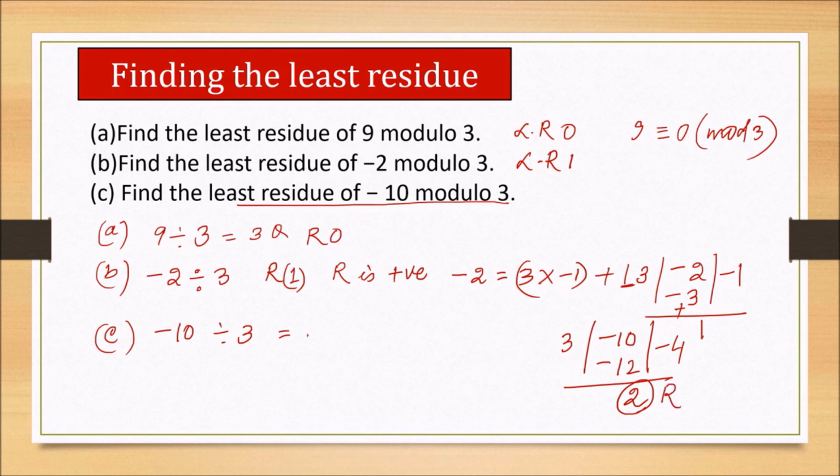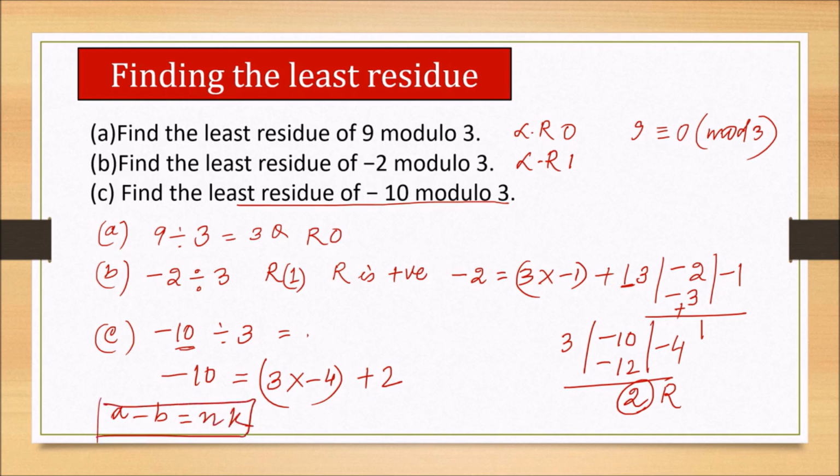So this can be written as minus 10 is equal to 3 into minus 4 plus 2. If you have confusion, you can check again. Take the number and subtract this residue so that it will be divisible by 3, because a minus b should be divisible by n. You can check once after getting the answer. So this residue is 2 here.